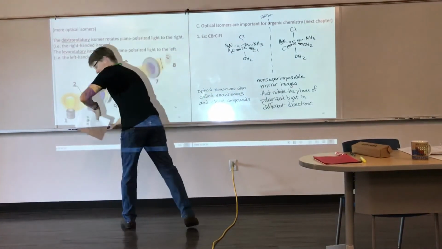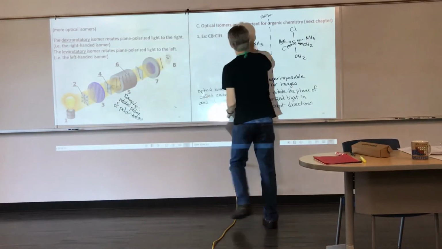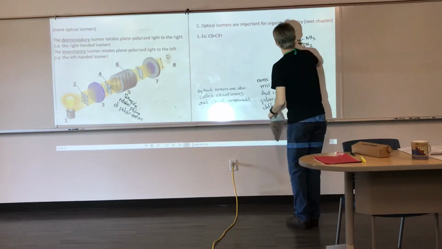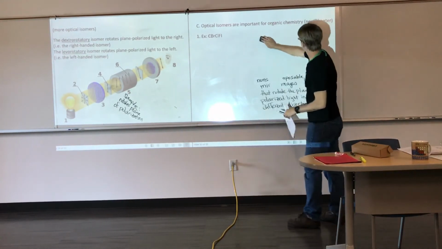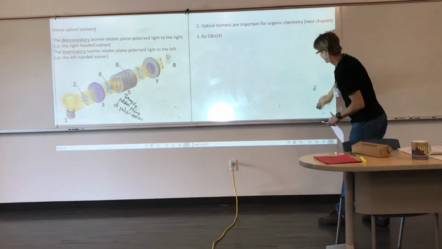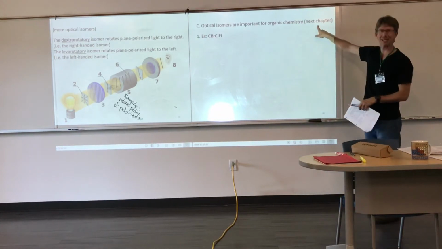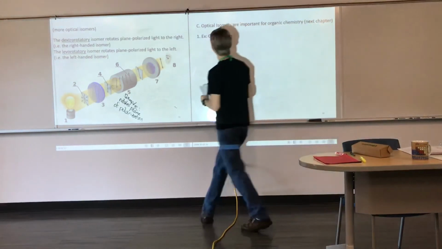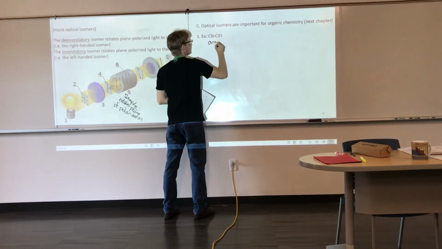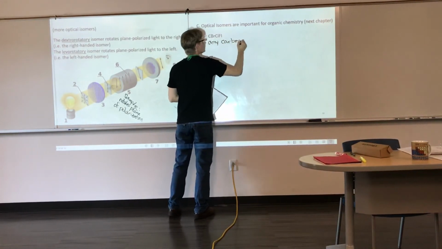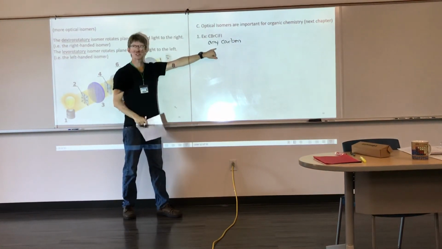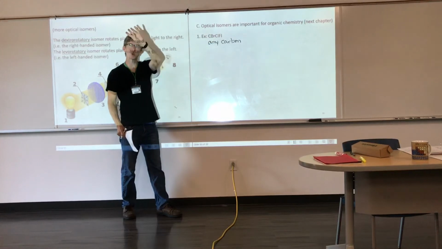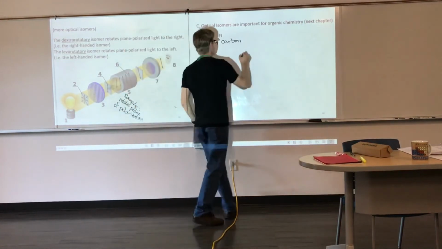Now we'll talk more about this as well, but I wanted to show you a more common example of optical isomers. And it's actually not the next chapter, it's 2 chapters from now, but it's coming. Our working definition of chiral compounds for organic chemistry is going to be any carbon with 4 different things attached to it.